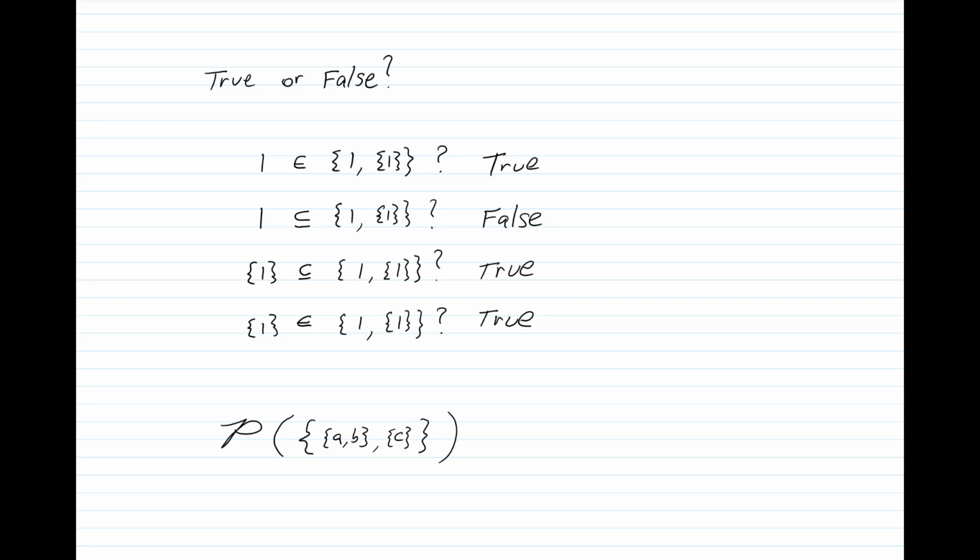How many elements are in that set? Not the power set. I'm just saying, look at this set right here. How many elements are in that set? You should be saying 2, not 3.